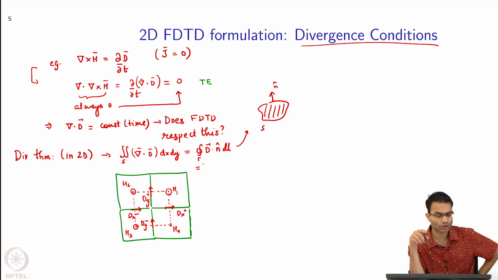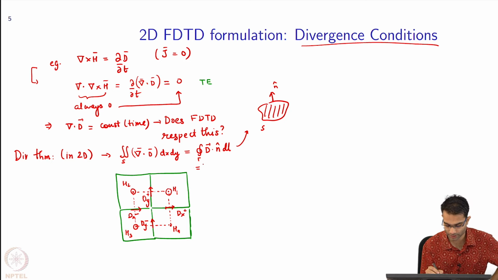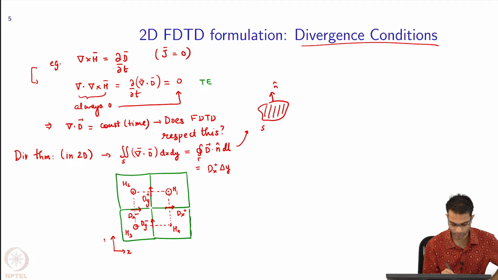We can assume that the value of Dx is approximately constant over this. So what is the first term that I am writing? Dx plus multiplied by delta y. This is my x and this is my y.